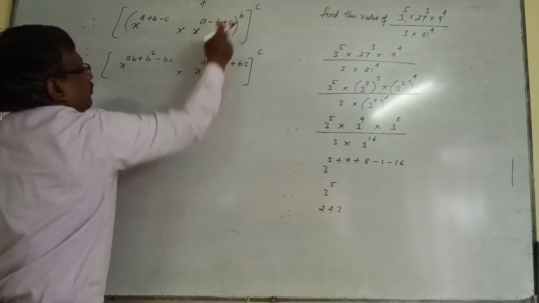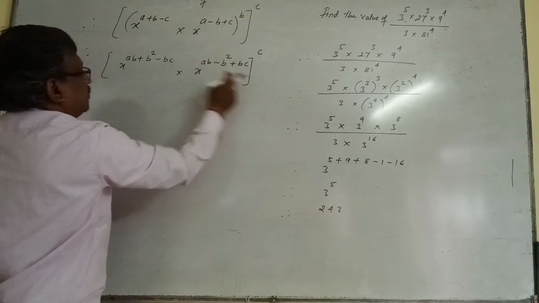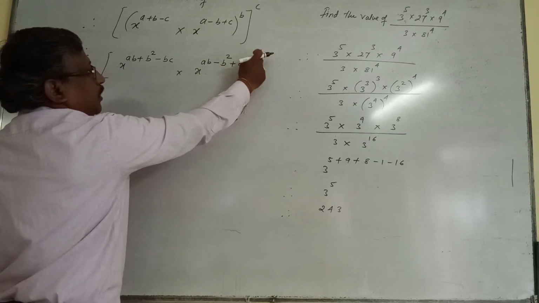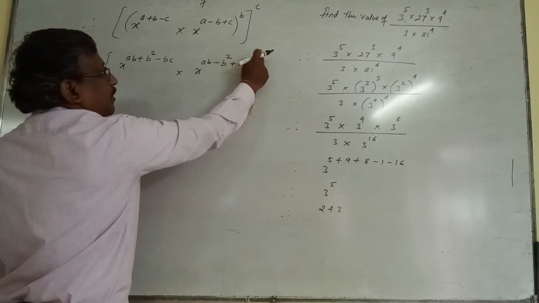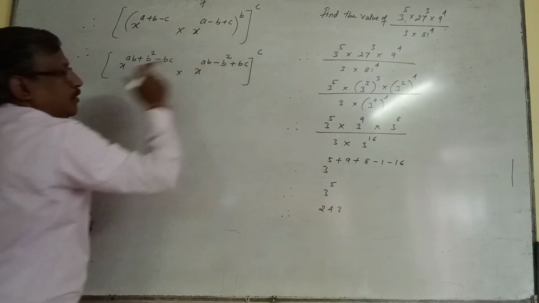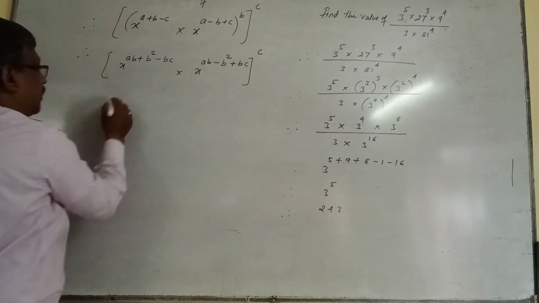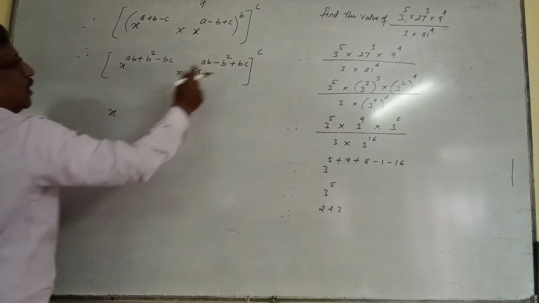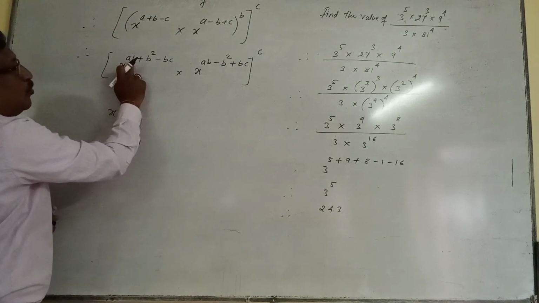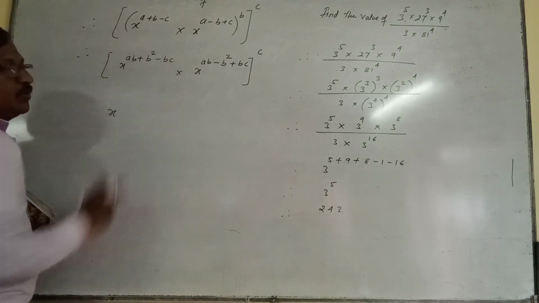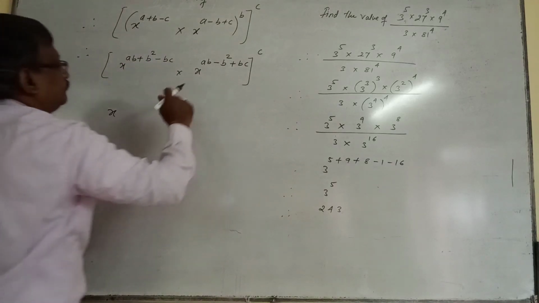After opening this small bracket, now you open this bracket, right? So again you have to continue with the same. Now you have to multiply by c to these powers, right? So it is x raised to, now multiply by c to ab, b square, and bc, right?